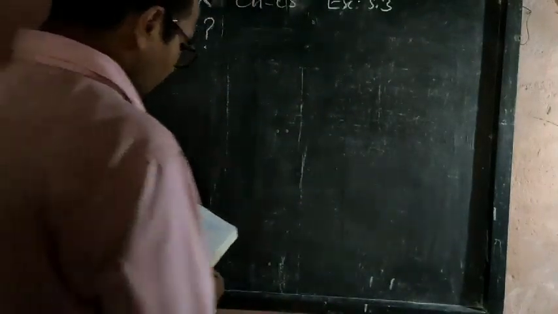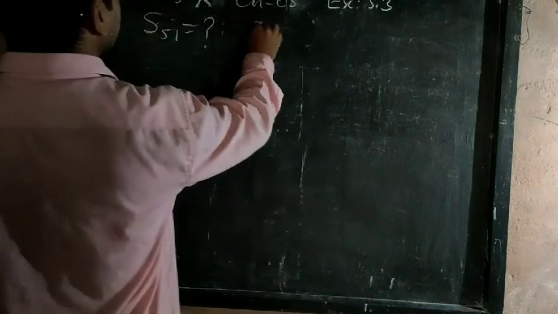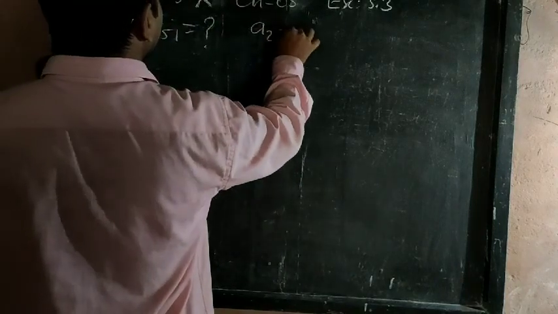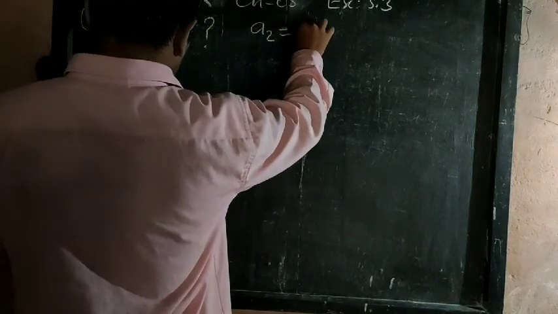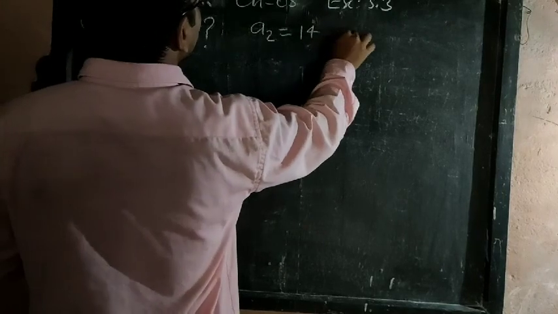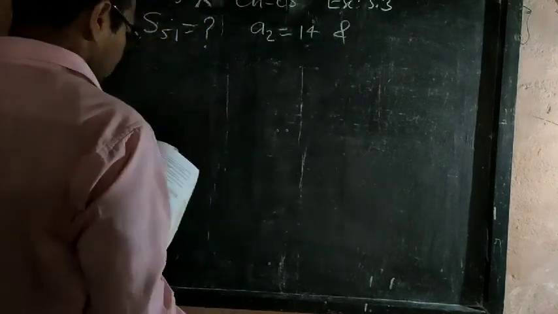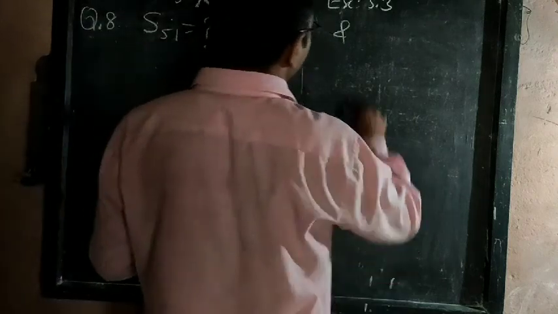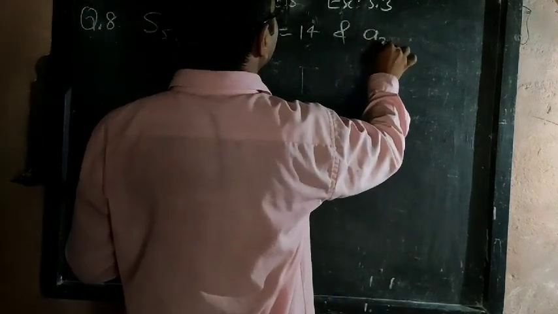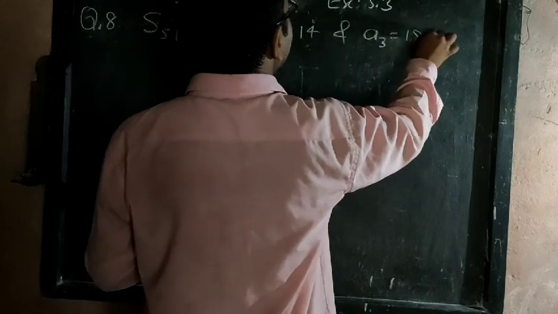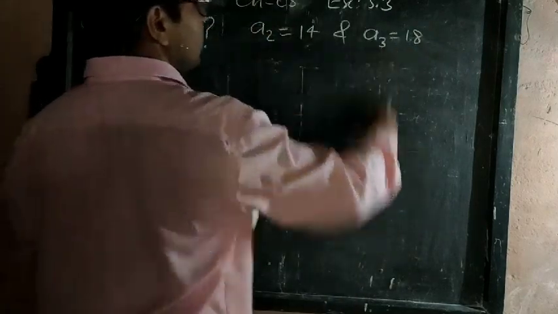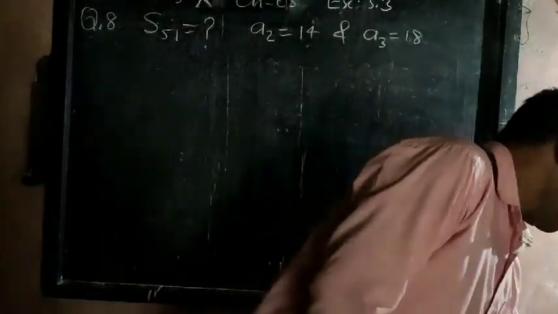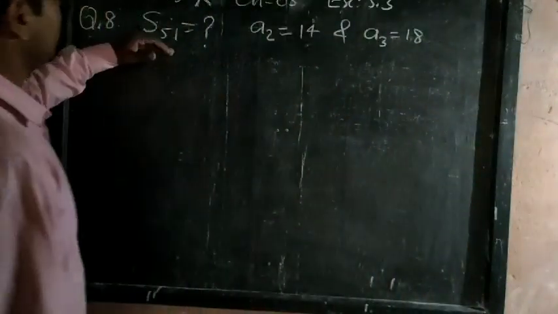That means the second term a2 is equal to 14, and the third term a3 is equal to 18. This much is given here, and we have to substitute it.